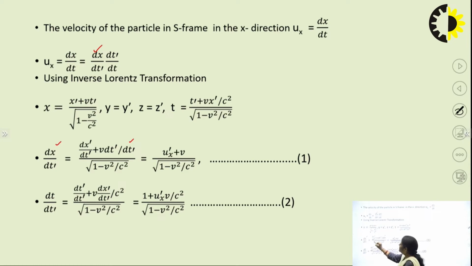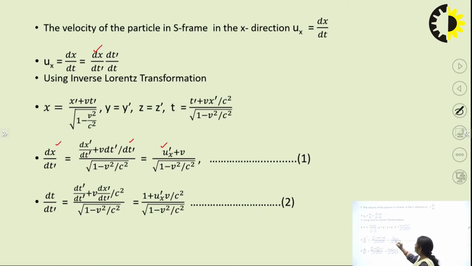So what happens to this dx dash by dt dash? It becomes ux dash. It is obvious because x dash is the x component of the displacement in the S dash frame, and t dash is the time in the S dash frame. So when we have the derivative, it will give the velocity in the S dash frame.